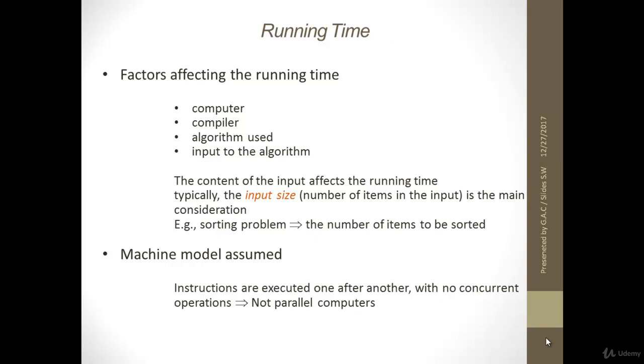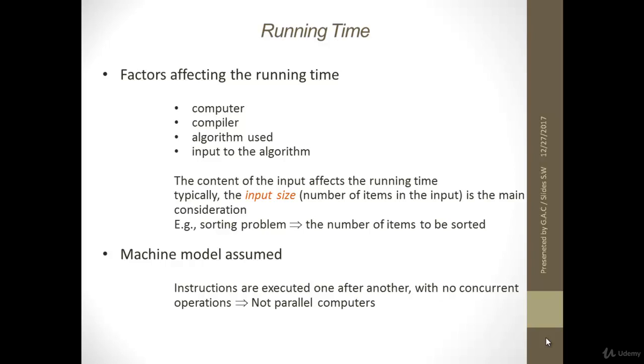Running time: factors affecting the running time. If we list the factors, one is the computer, next the compiler, then the algorithm used, and also the input. The content of the input affects the running time. Typically, the input size, the number of items in the input, is the main consideration.